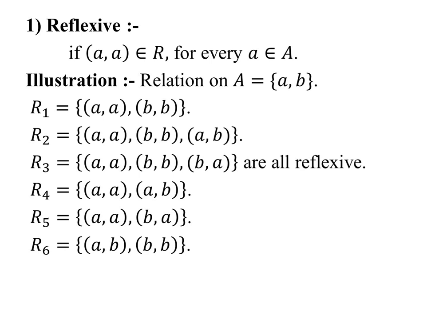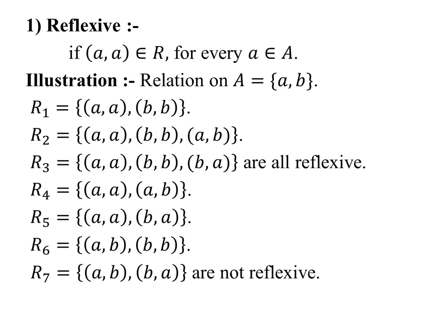So the first pair (a, a) does not belong to R6, so therefore R6 is not reflexive. Okay, R7 is equal to {(a, b), (b, a)}. Here the two pairs (a, a) and (b, b) do not belong to R7, so therefore R7 is not reflexive.